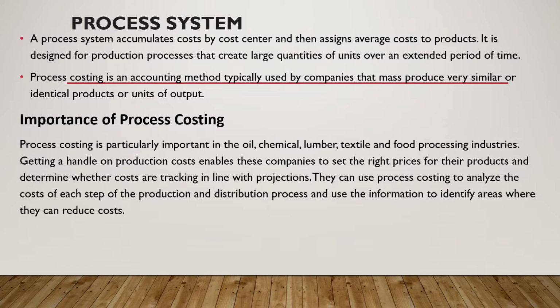Getting a handle on production cost enables these companies to set the right prices for their products and determine whether costs are tracking in line with projections. They can use process costing to analyze the cost of each step of the production and distribution process and use the information to identify areas where they can reduce costs.